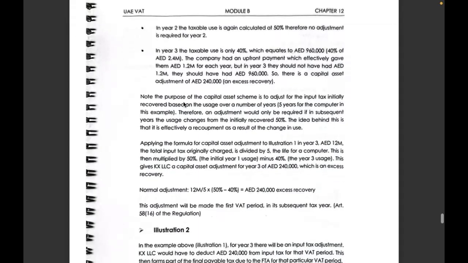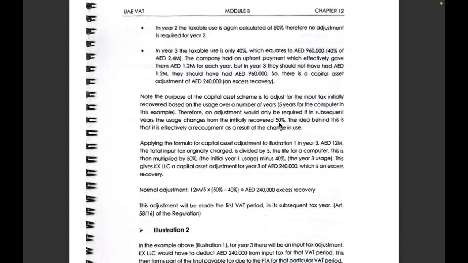Note the purpose of the capital asset scheme is to adjust for the input tax initially recovered. Basically, the whole idea is adjustment of input tax, which is initially recovered based on the usage, over a number of years, which is 5 years for the computer in this example. Therefore, an adjustment would only be required if in subsequent years the usage changes from the initially recovered 50%.